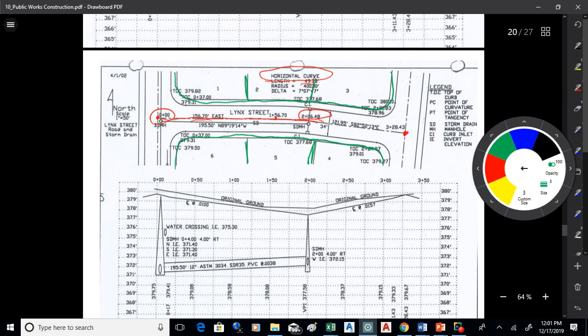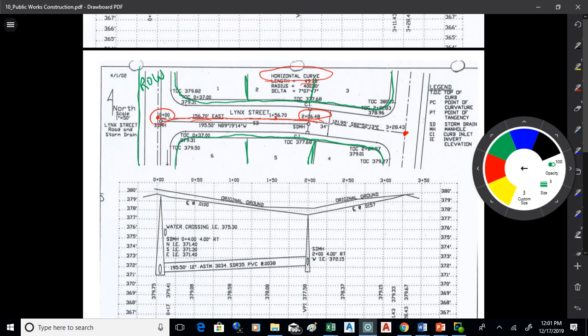On the inside of these lines, what we have is called the right-of-way, typically abbreviated ROW. Sometimes just RW, but usually I've seen it ROW. That's the publicly owned land that the city can use to build their road and put their utility pipes in: their water and sewer and storm drain.